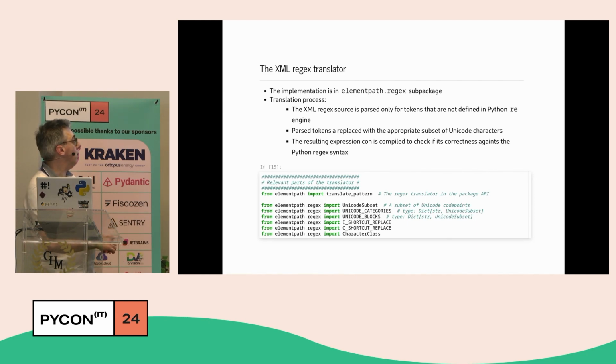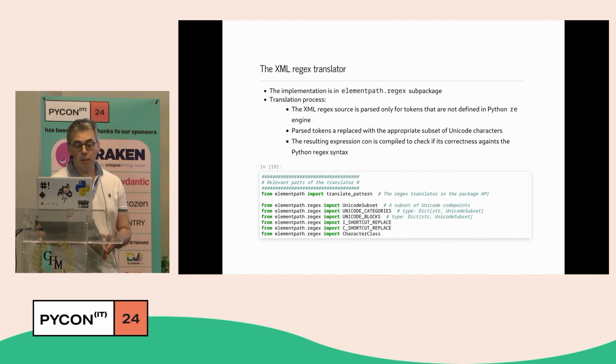Parsed tokens are replaced with the appropriate subset of Unicode characters. The resulting expression is then compiled and used in XML Schema processing. There are the imports that are relevant for the implementation.